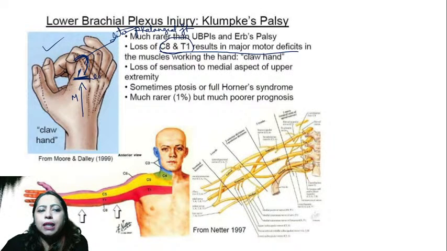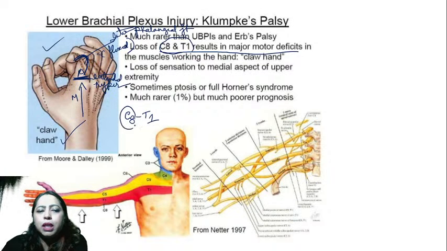It is extended. And what is this? Flexed. And it is hyperextended. Metacarpophalangeal is hyperextended. That is what you are supposed to remember in case of claw hand. That is because of C8 and T1.